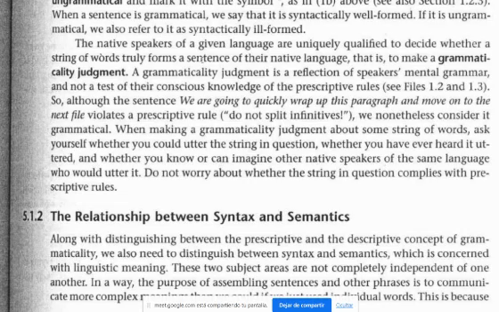Prescriptive is rules, but linguists go to the field of language to see how people speak, and they start studying the language. That is descriptive language, because they know the prescriptive, but they want to know what is the descriptive way of speaking.